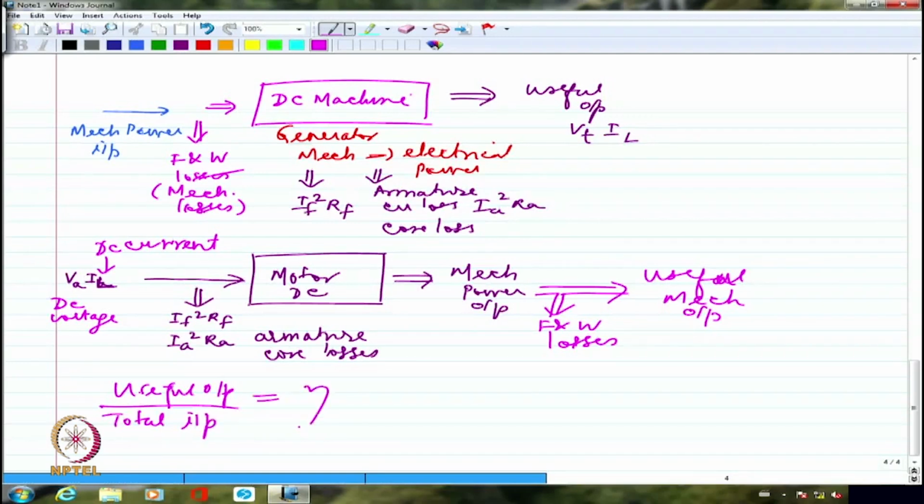This is the efficiency. So the efficiency will be calculated based upon the total input I am giving and the useful output I am having ultimately. And the ratings are generally given in the form of whatever is the useful output.